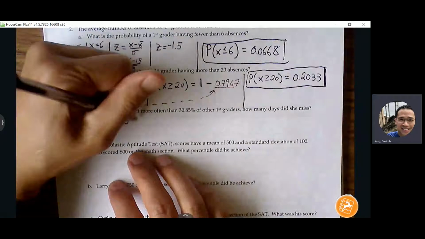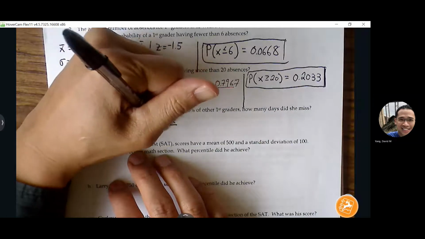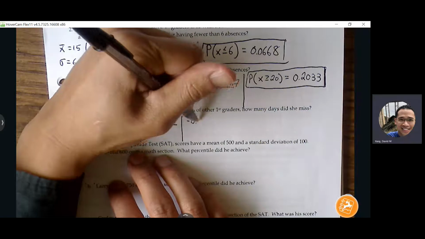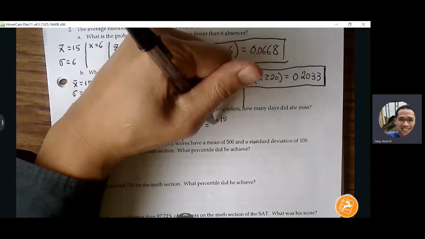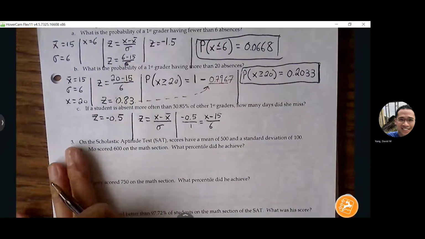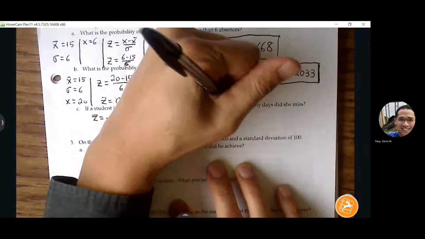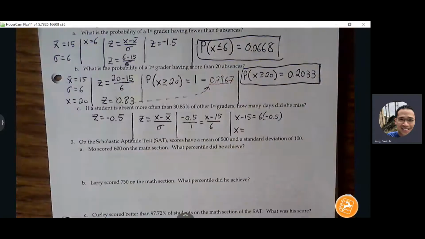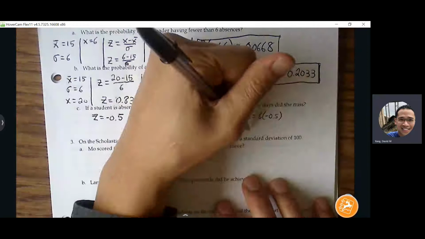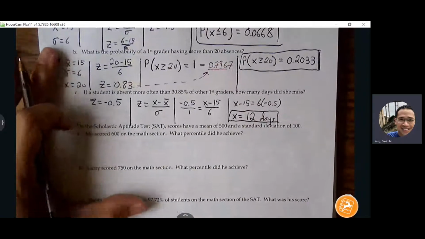And solve for z. Right? We're using the same mean and same standard deviation for all these problems, A, B, and C. So that's negative 3 plus 15, which is 12. So we know 12 days is our answer.